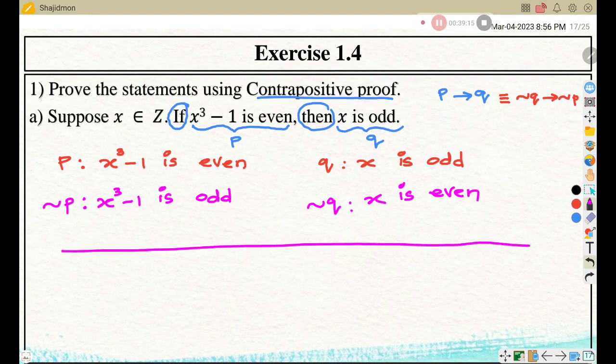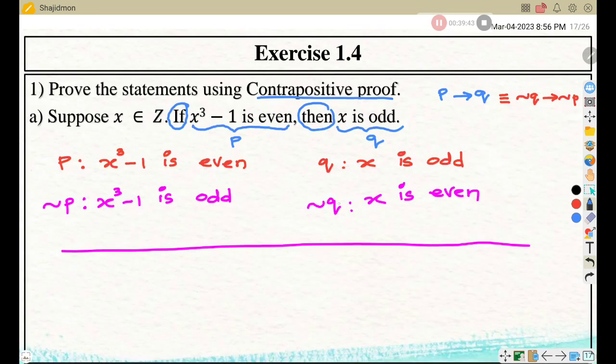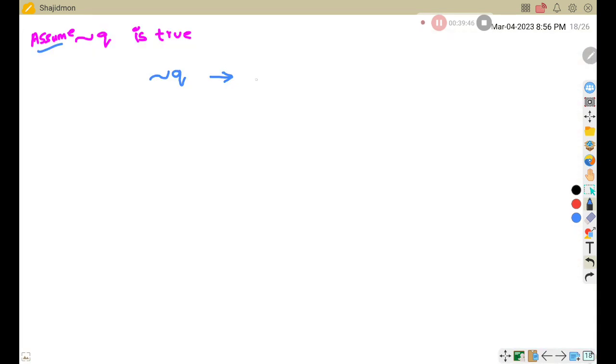So before starting the question, write negation p and negation q. Now start with negation q. We need to assume that negation of q is true. The negation q is that x is an even number.